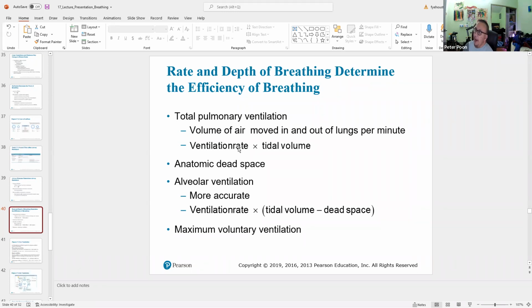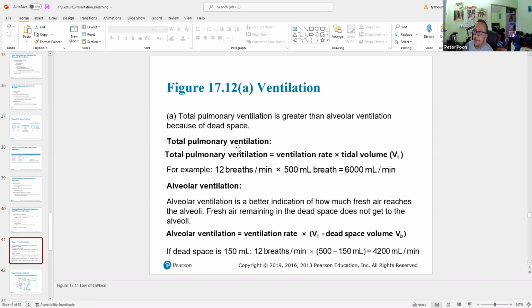You usually take about 12 breaths a minute, and each breath exchanges 500 ml of air, so a total of 6 liters of air per minute. That's under normal, resting conditions.